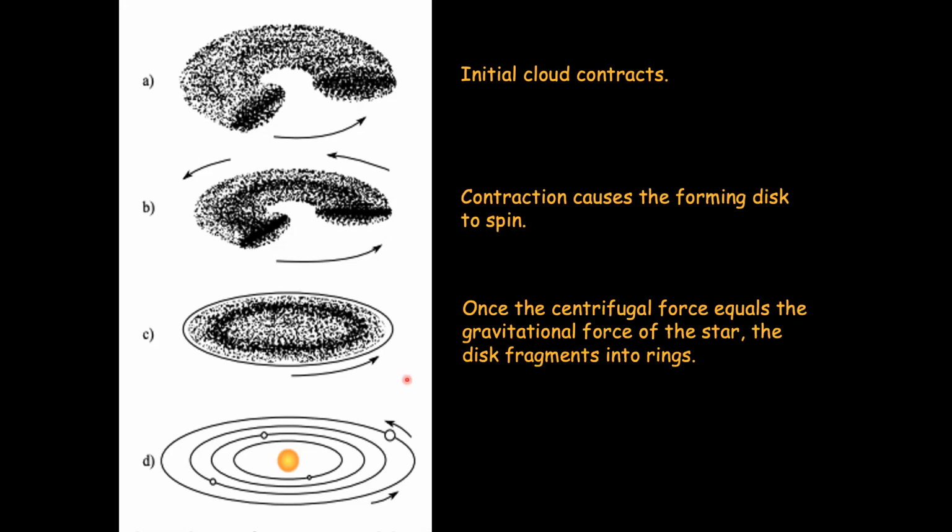And he pointed out the forces that fragmented the disk. So once the centrifugal force equaled the gravitational force of the star in the center, the disk fragmented into rings. And from these rings, the planets condensed.